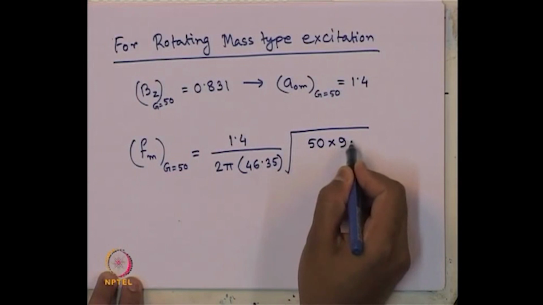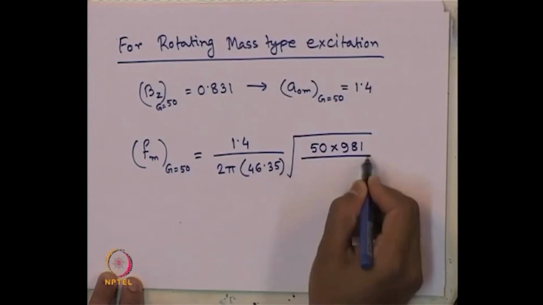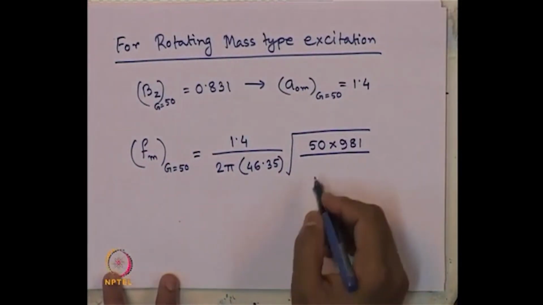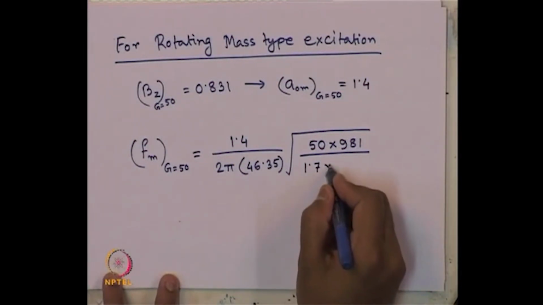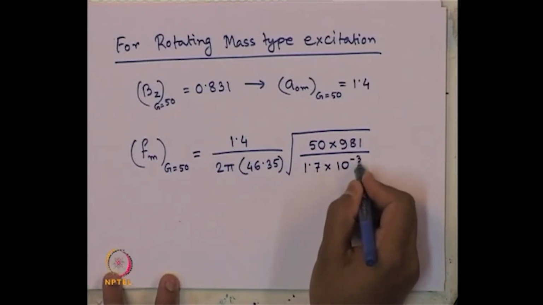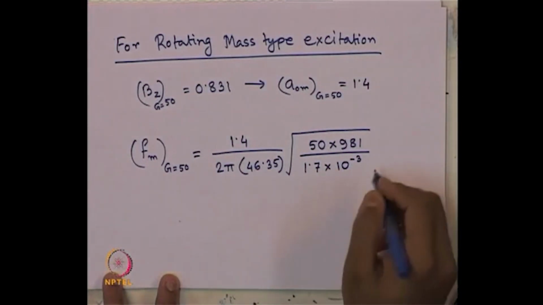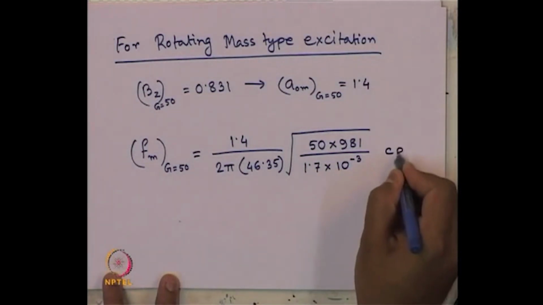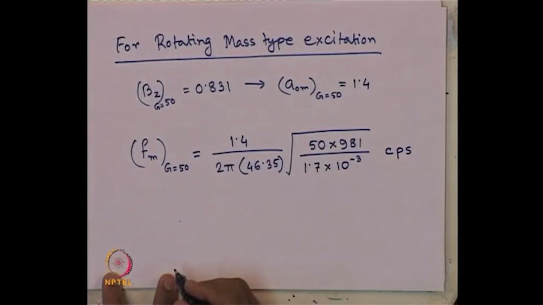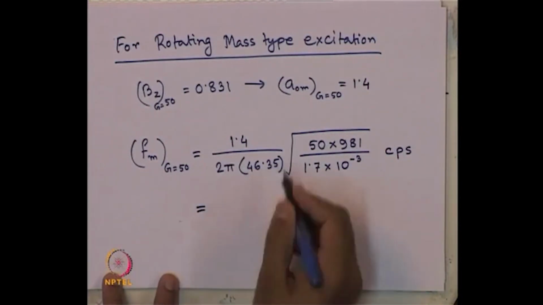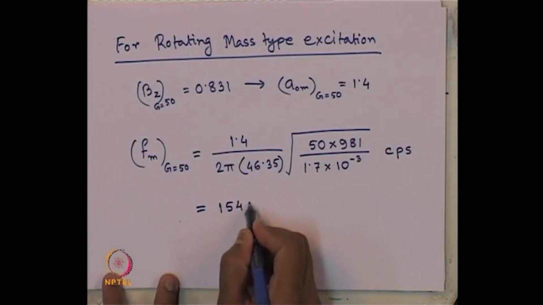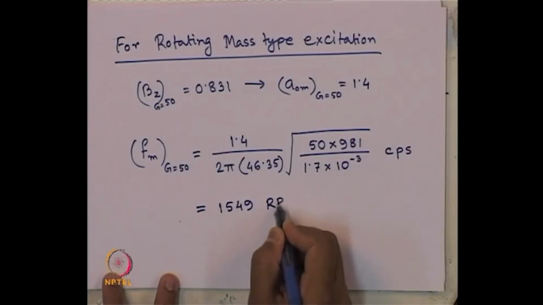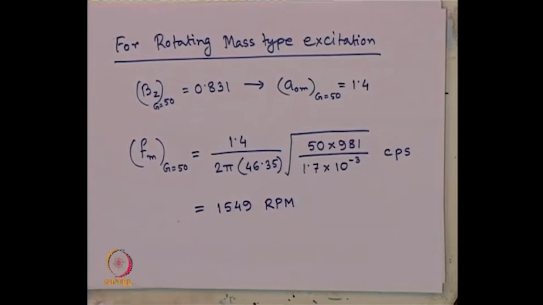I have to multiply it with 981, that is acceleration due to gravity, to take care of the unit weight here, gamma instead of rho. Okay. So much of CPS, cycles per second, which we need to convert it to RPM. So, 1549 RPM. Now, calculations are clear.